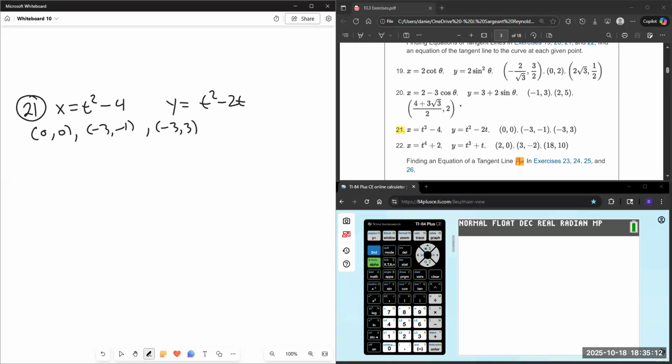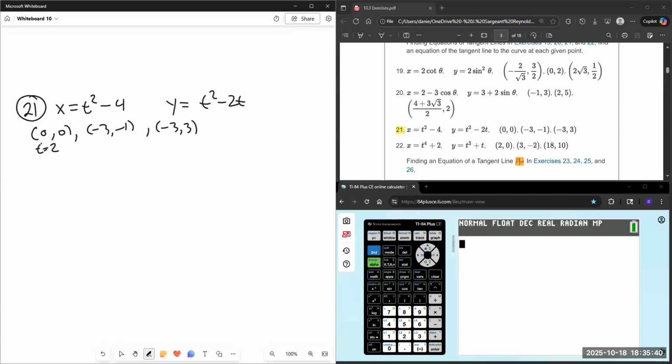T could be plus or minus 2 here for this one. But if I try negative 2, 4 plus 4 would not be 0. So this has to be t is equal to positive 2 here to get both coordinates to be 0. Let's see here. 1 minus 4 will give me 3, so t could be plus or minus 1.